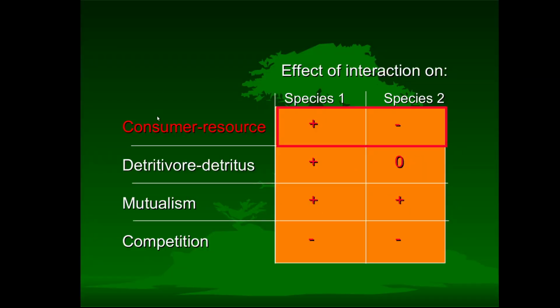The consumer resource interaction, by definition, is the interaction between two species in which one species' fitness increases as a result of the interaction for any reason, and the other species' fitness decreases for any reason as a result of the interaction. So this, of course, occurs if the resource is a living organism that gets eaten by the consumer, but it can also occur with many other types of functional relationships, as we'll see.